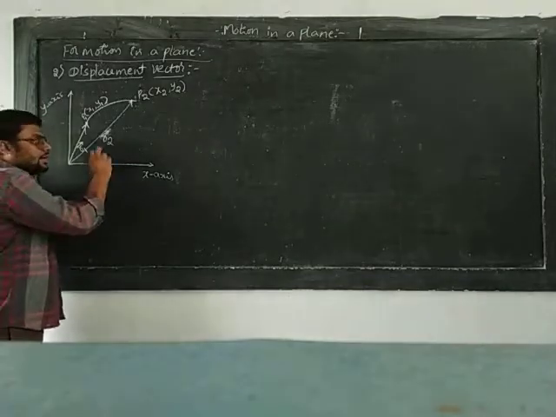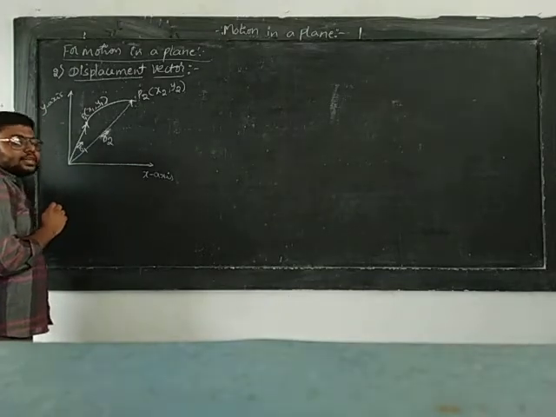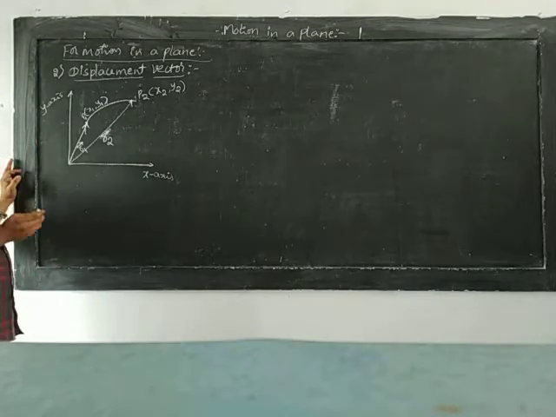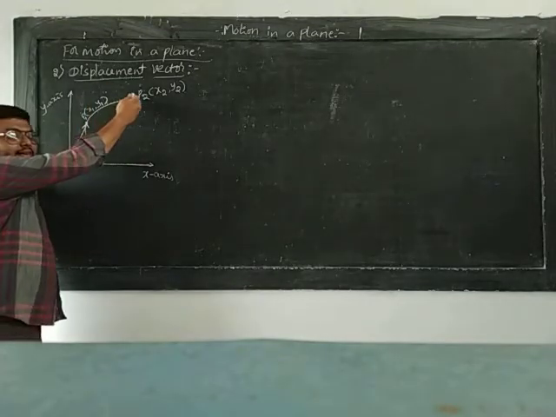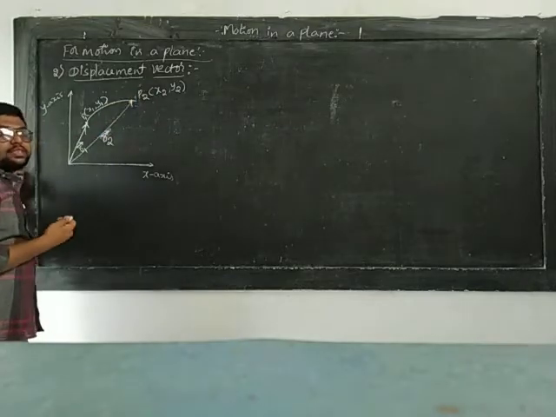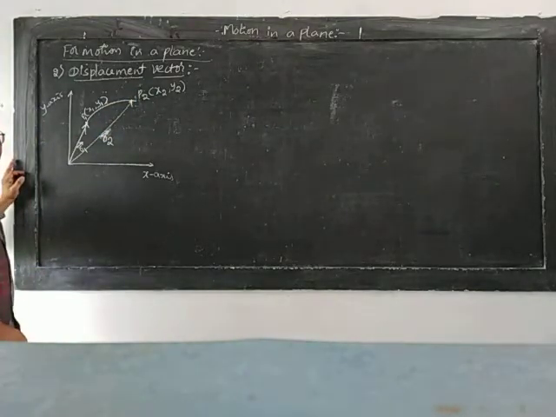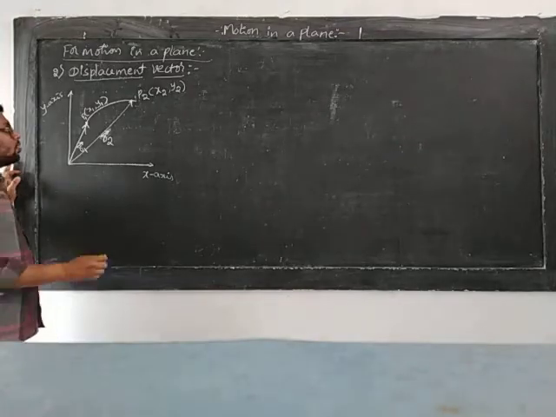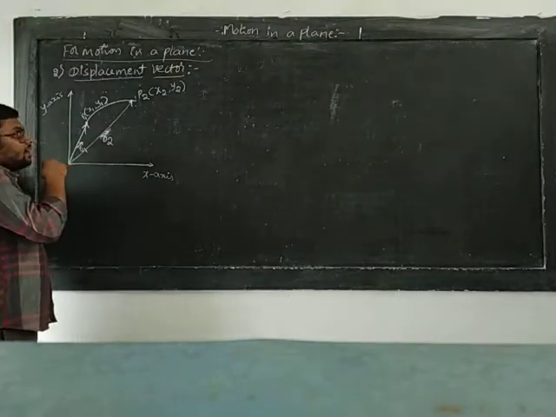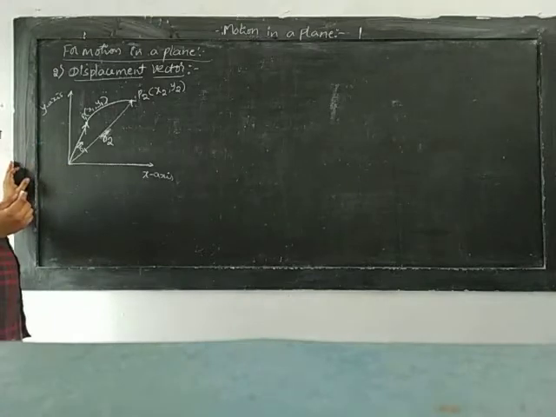Like that, R2 is the position vector of the particle at P2 with its components along x and y-axis being x2 and y2 respectively. Now, how can we denote the displacement vector?